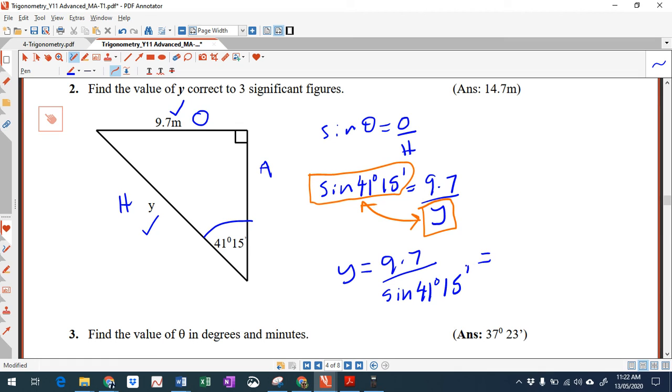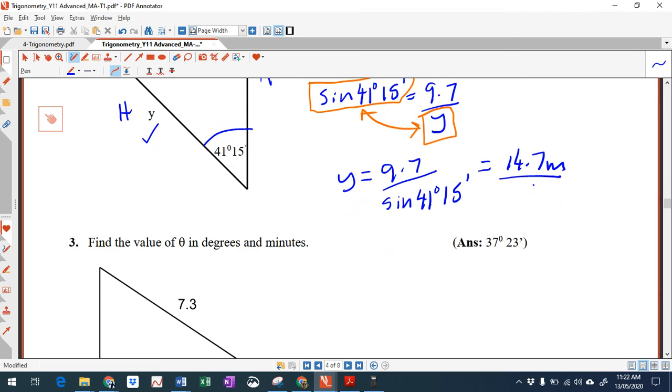Now put that into your calculator, 9.7 over sine 41 degrees, 15 minutes, and you're going to get 14.7, and that'll be metres.